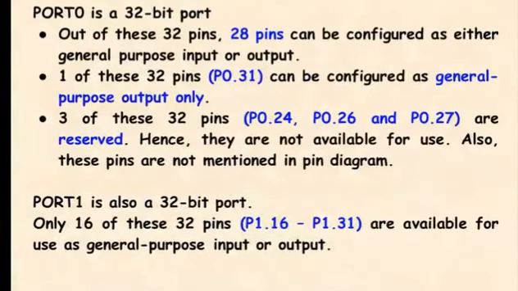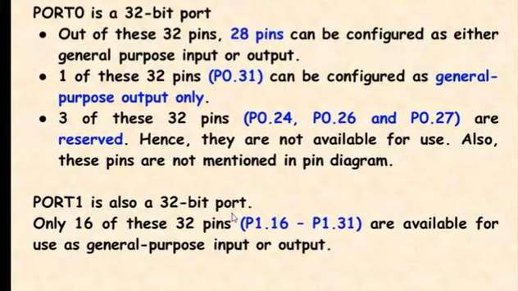When you do the coding, you have to exclude these pins. So don't use 24, 26, 27 and P0.31. You can use P0.31 only as the output pin. Remaining all pins you can use as input or output.